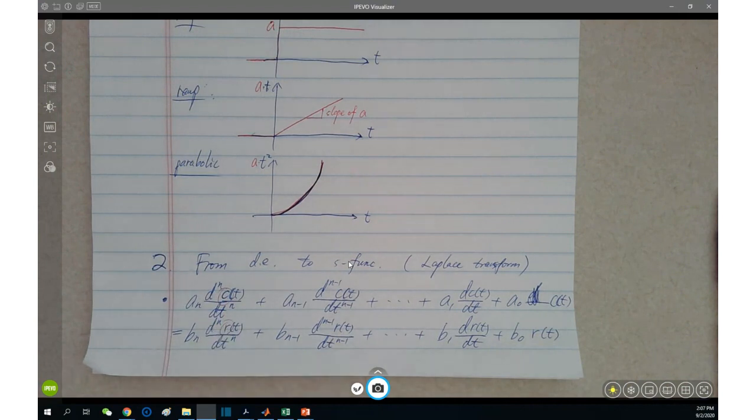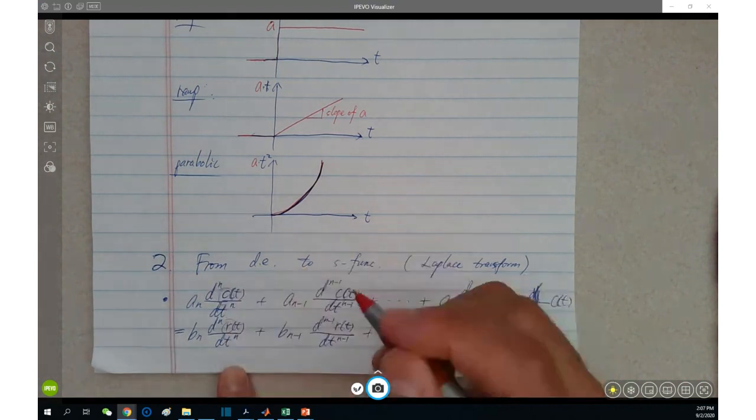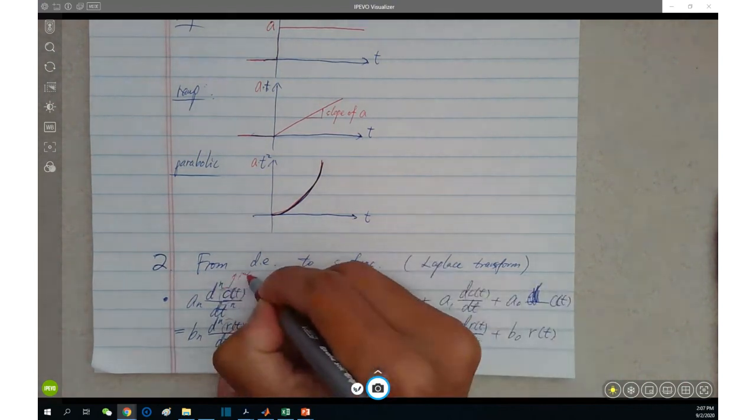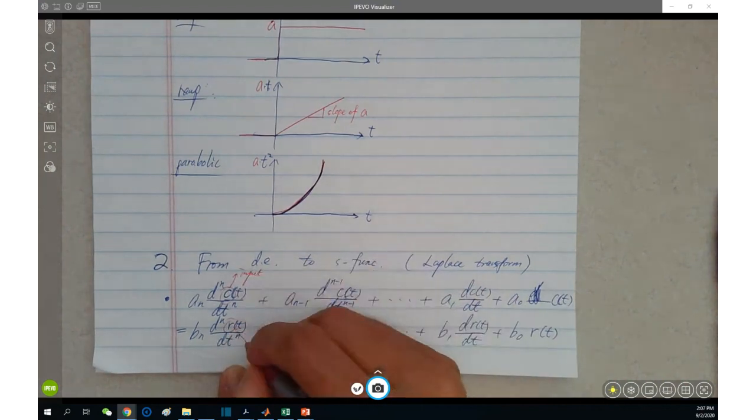What are they? None? All right, that's fine. One is the input of the system, the other is the output.